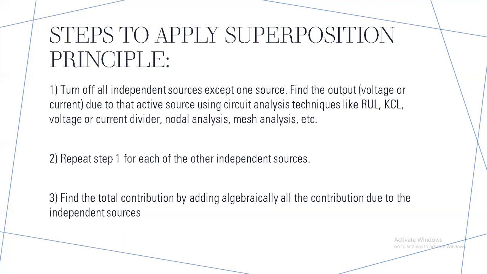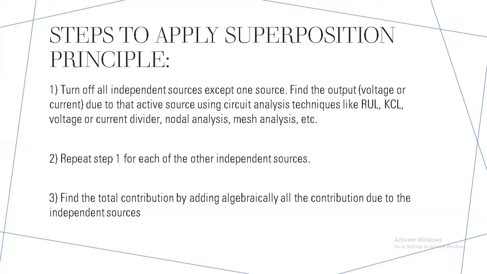So after we find the first source, and then we also find the other sources, para in number 3, find the total contribution by adding algebraically all the contributions due to the independent sources.